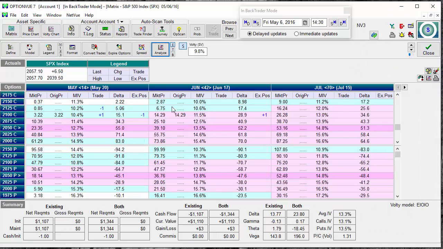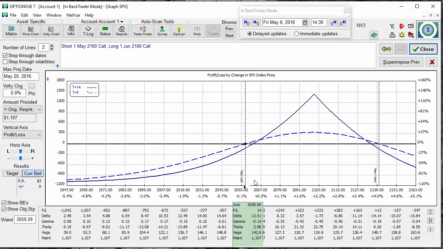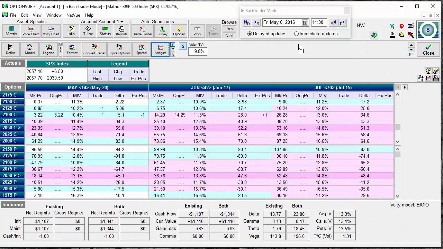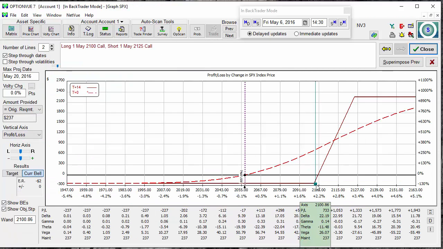Compare that to an existing calendar that has a lot more margin, and if we move up to 2100, it's going to bring in, I've got to make sure I'm on the dotted line, $333. So you've got a lot more profit coming into this trade, almost double and then some, for much less risk because you have much less time left in these options.